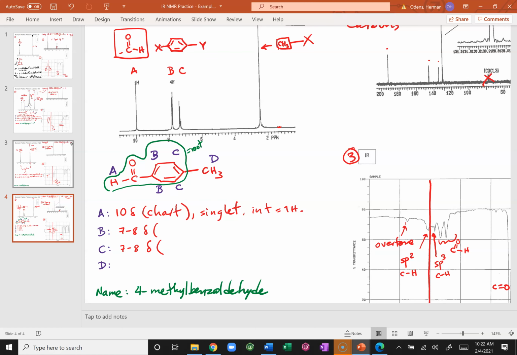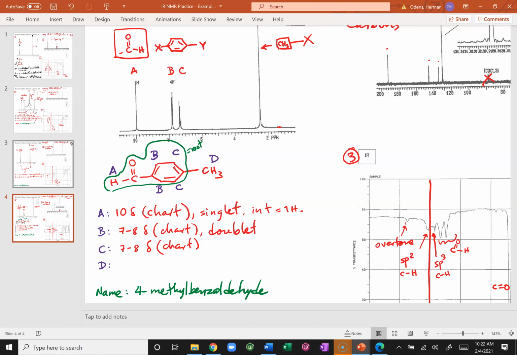All right, 7 to 8 ppm. That's also a chart value. It's a doublet. Is B not a beta group of the aldehyde? Because you have an alpha carbon, and then the beta would be connected to the double bond. That is a really good question. But since it's a bracket from 7 to 8, you are already including it. Good question, though.